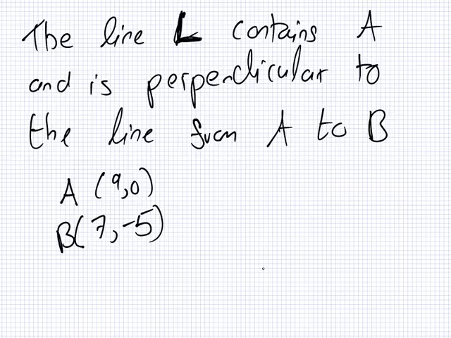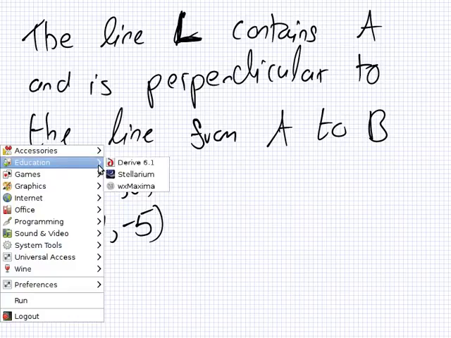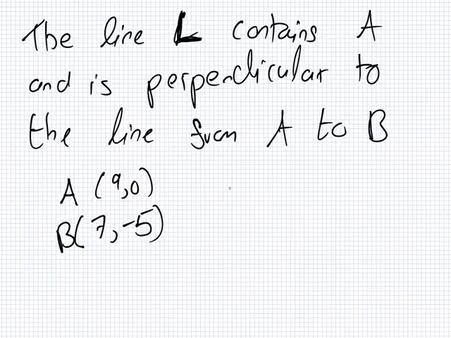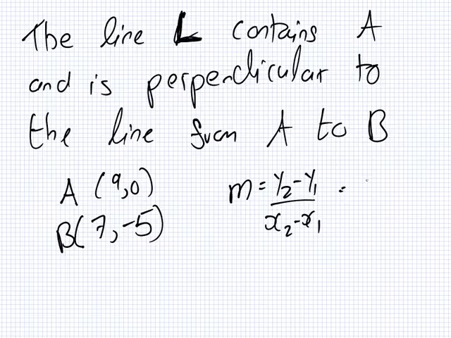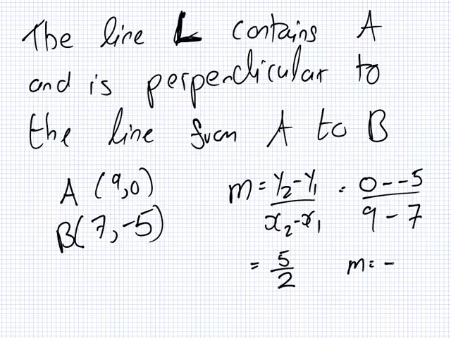Okay, let's do it together then. M equals y2 minus y1 over x2 minus x1. 0 minus minus 5 over 9 minus 7. 5 over 2. So m equals minus 2 over 5.